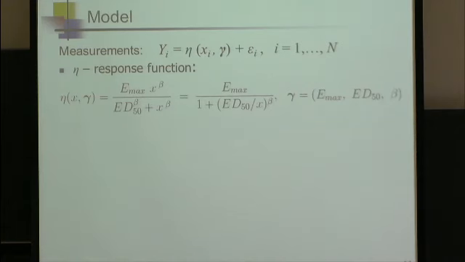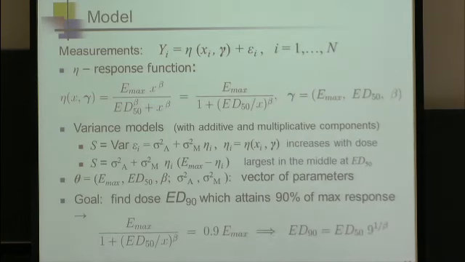So this is a standard Emax model. What is again quite standard is that for the variance we use 2 different types of models. One with both additive and multiplicative components. In the first case, the variance increases with dose. In the second case, it's largest in the middle at ED50. And we have not 3 response parameters, but actually 5 parameters, both response parameters and measurement error parameters.